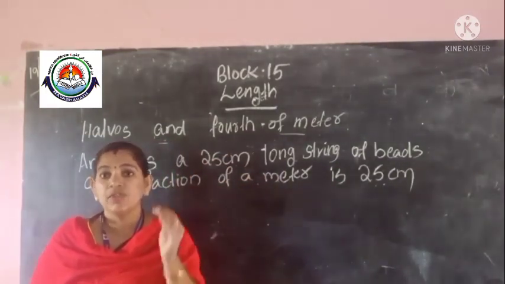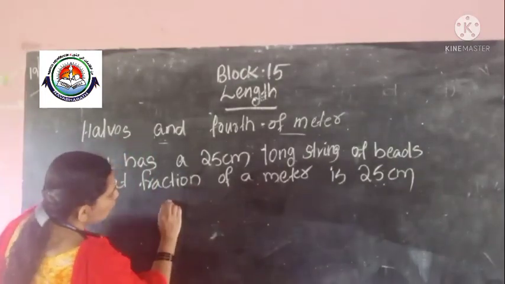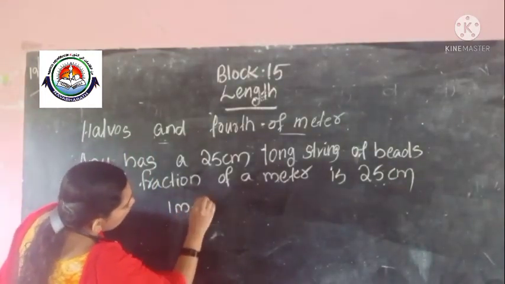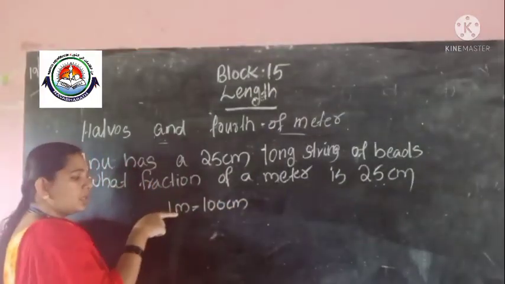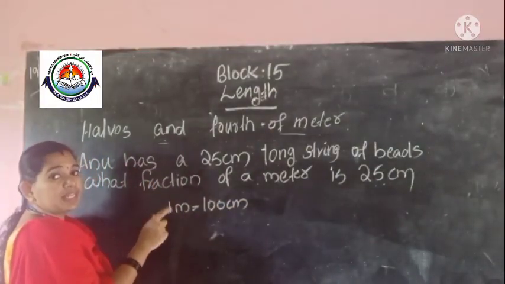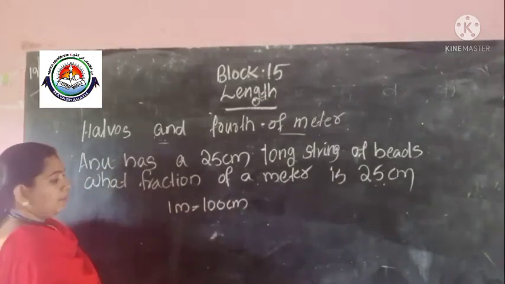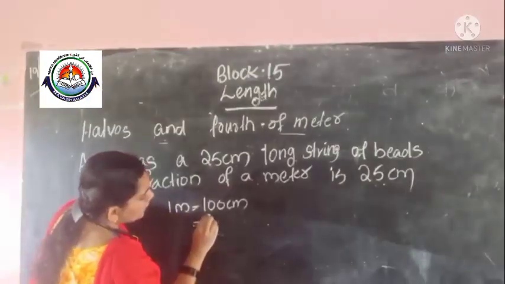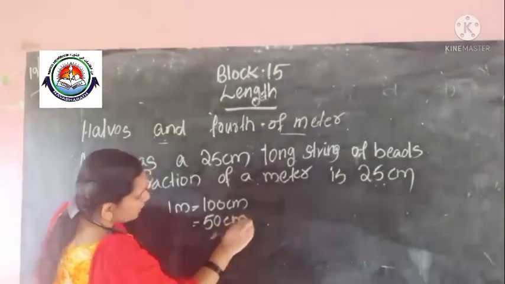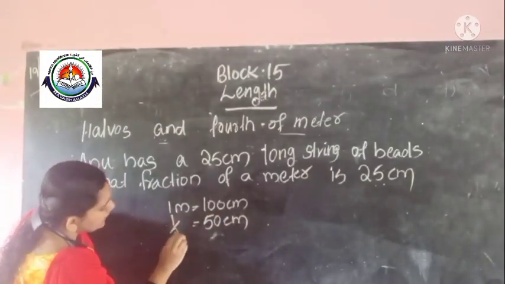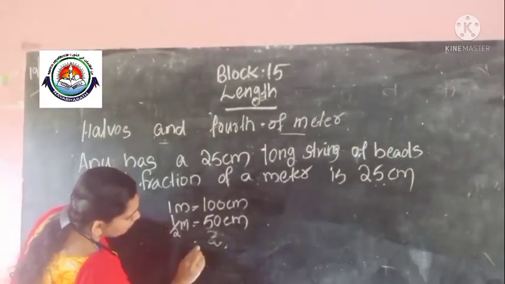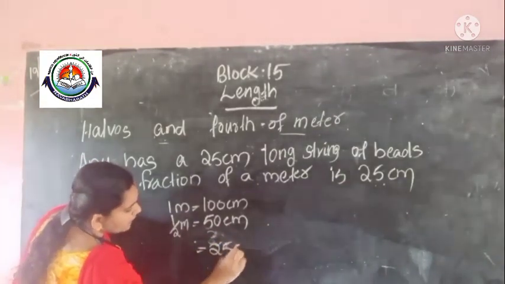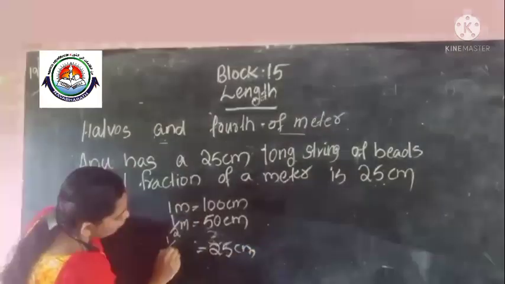We already know that 1 meter is equal to 100 centimeter. So that means 100 centimeter converts to 1 meter. Next, 50 centimeter means it's half meter. 25 centimeter means 1/4 meter.